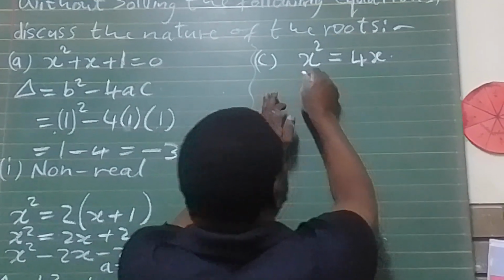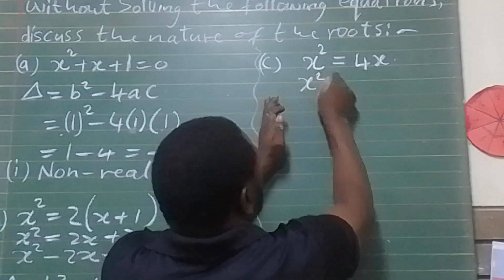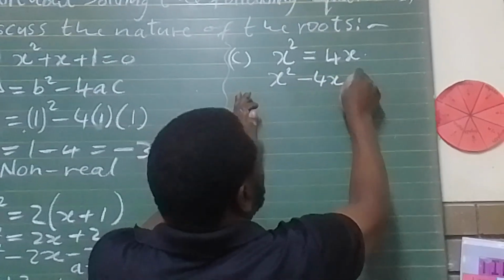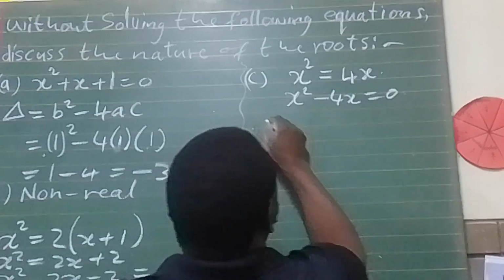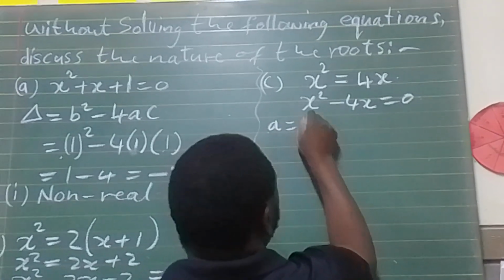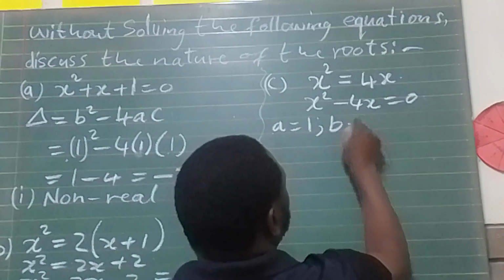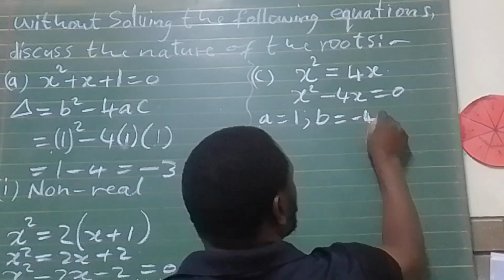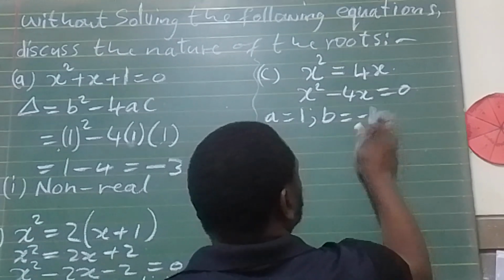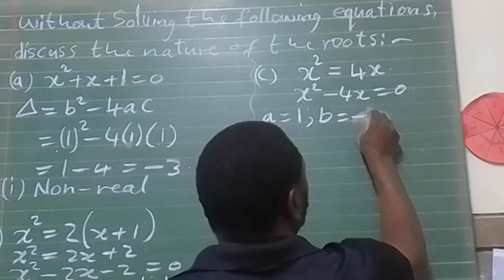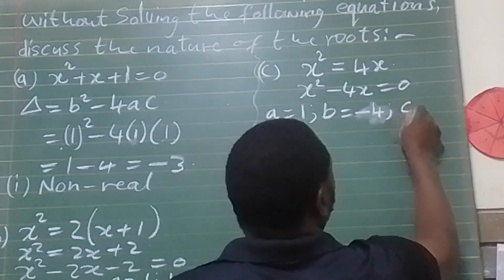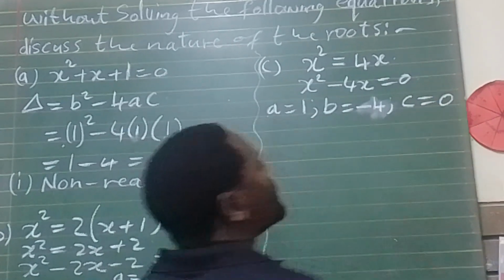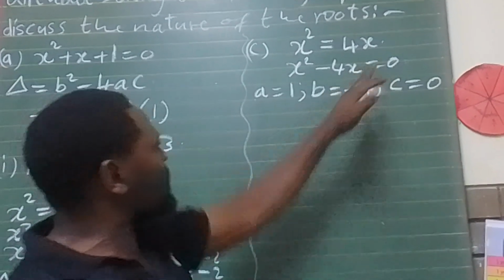Here you're going to rearrange it and you see x squared minus 4x is equal to 0, where your a is 1, your b is minus 4, and your c is 0. There is no c part there.